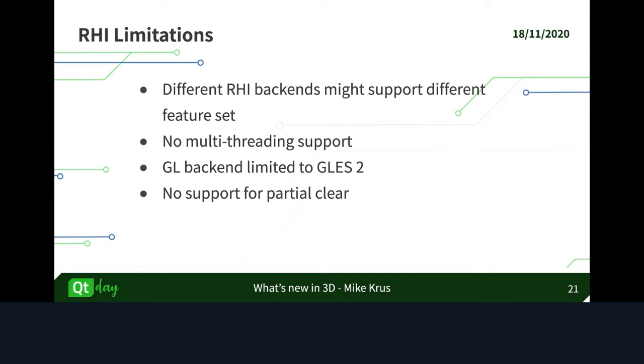Hopefully RHI will evolve to remove some of those limitations, and we will also look at using Qt3D's plugin API to do other rendering backends that might target Vulkan directly or Metal directly, and so on. But for Qt6.0, the first target is to support RHI, and it's quite beneficial in terms of performance and frame rate and so on.